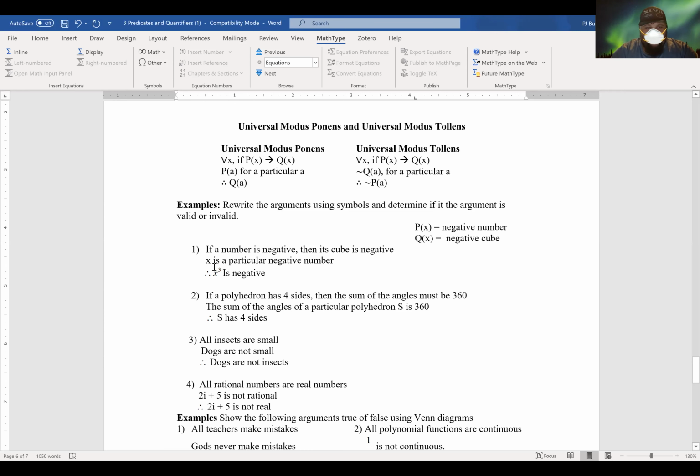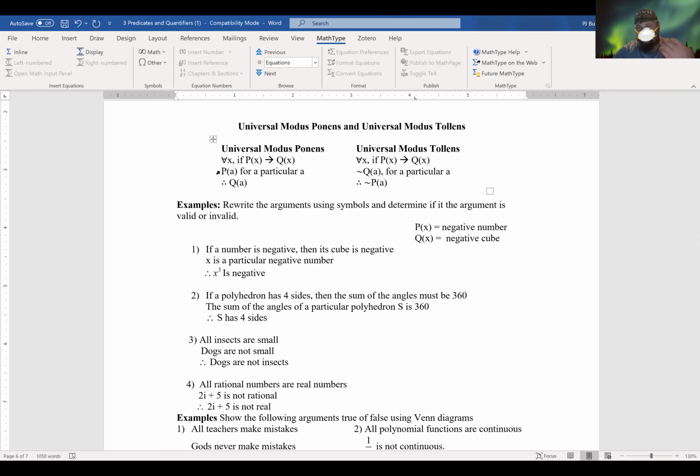And then the next part says X is a particular negative number. So if we look above, notice in these modus ponens and modus tollens, the second step says instead of P of X, we've got P of A. So remember, X is some element of numbers, right?